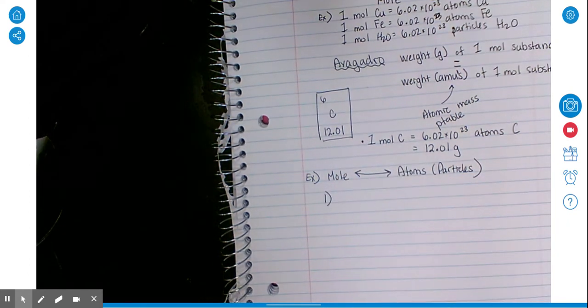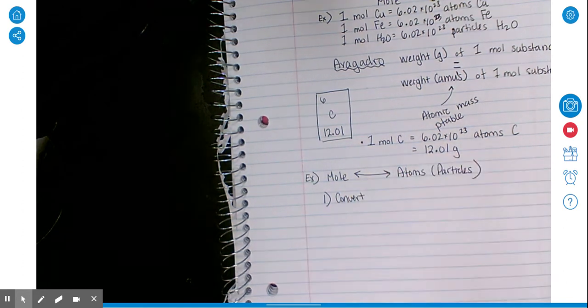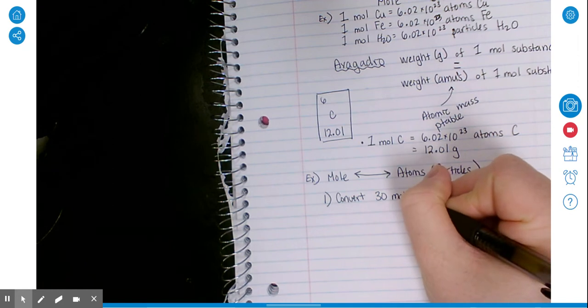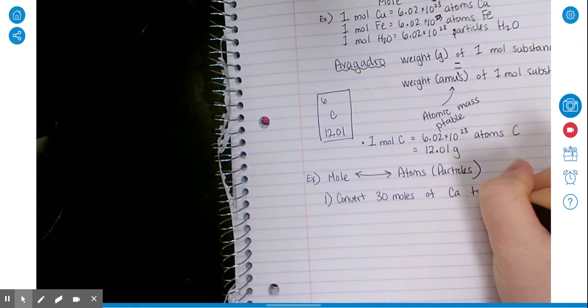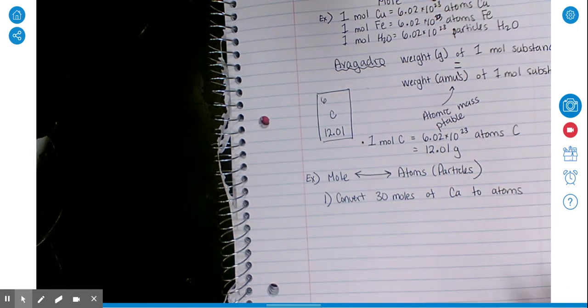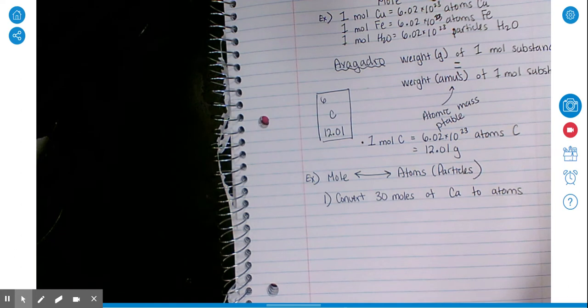Example 1, I want you to convert 30 moles of calcium to atoms. Same stuff as dimensional analysis, same skills that we've been working on with density conversions. Start with what you know.